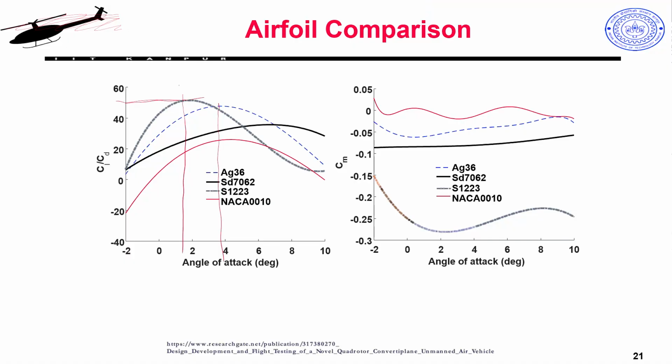Beyond that, what you can also see is that it has a slightly flatter behavior from 2 to almost 6 degrees. It does not show dramatic variation, which means I can operate at a range of angles of attack. What does it mean, operating at a different range of angles of attack?